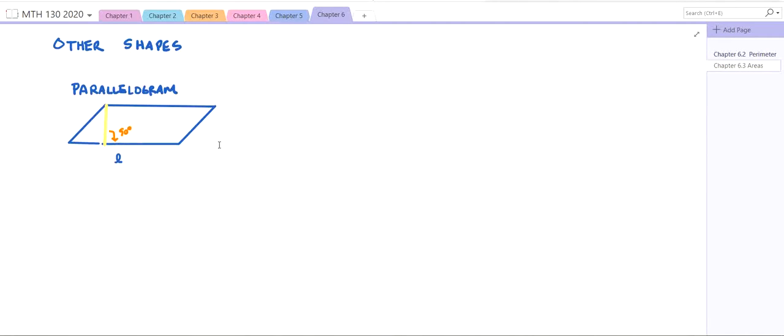Now, if I were to take this triangular section here and bring it over here, you'll see that this extension down here is exactly the same as what I cut off over here.